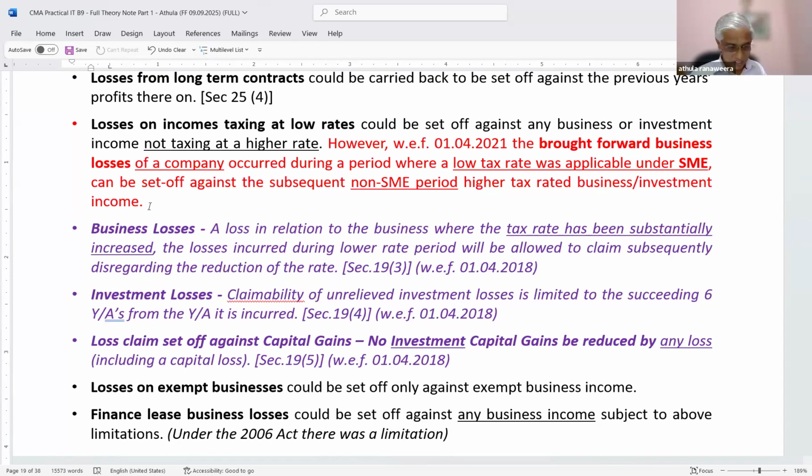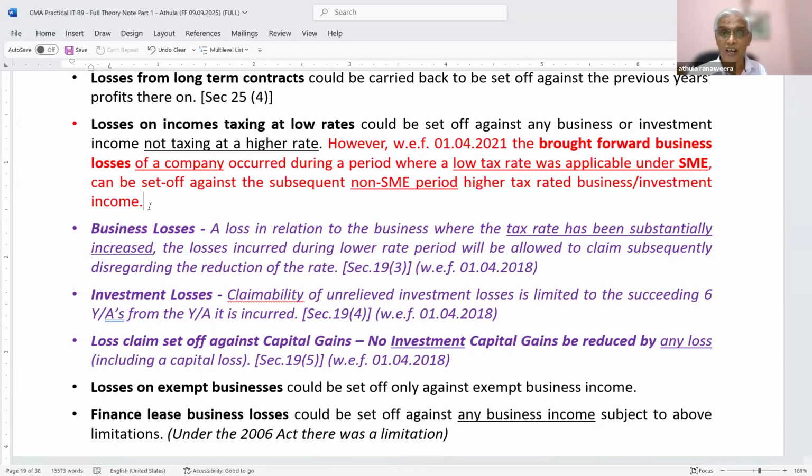Why at that time they have given some special concessions to SME is to develop them and bring them up to a developed stage. When they developed with greater difficulties, incurring a lot of losses in the early years, and reached more than 500 million turnover a year, then it is a non-SME.